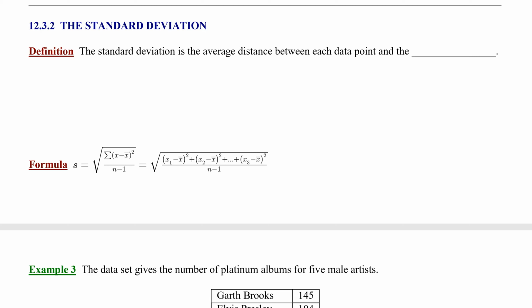In addition to the range, another measure of dispersion is called the standard deviation. Whereas the range was a very simple calculation, the standard deviation is much more involved. Now, the standard deviation is the average distance between each data point and the mean. So the standard deviation is a measure of dispersion.